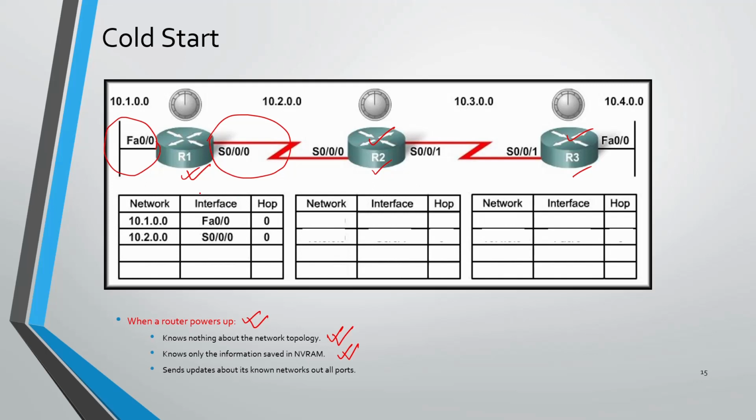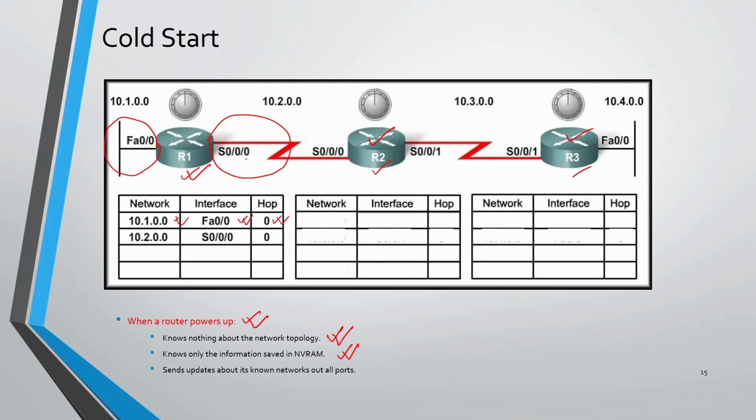On the left side there is a Fast Ethernet port connected with router R1, and this network address is 10.1.0.0, and this is the interface number, and the number of hops is 0. That means R1 is connected with the 10.1.0.0 network on the FastEthernet 0/0 interface, and to reach this network, how many hops does router R1 have to cross? 0 hops, because it is directly connected.